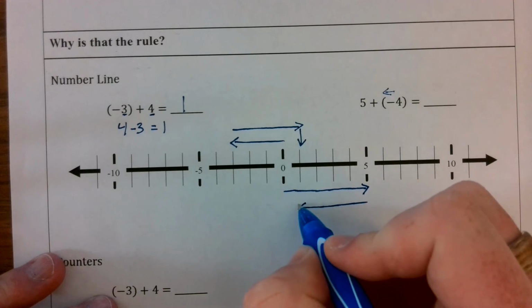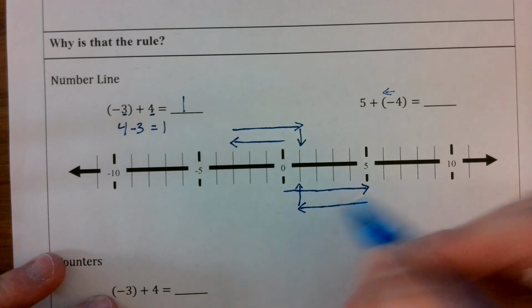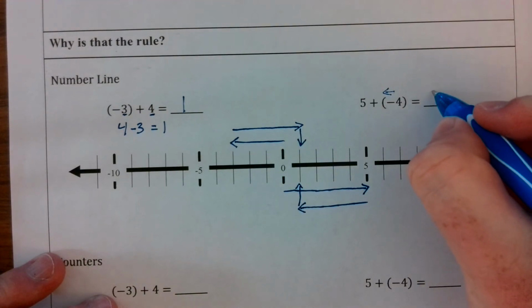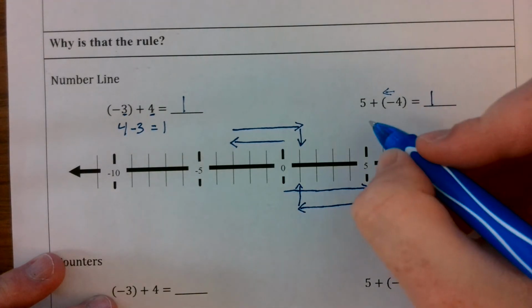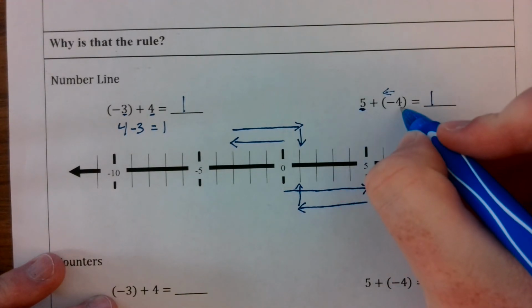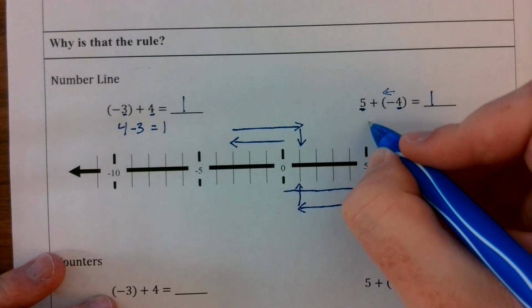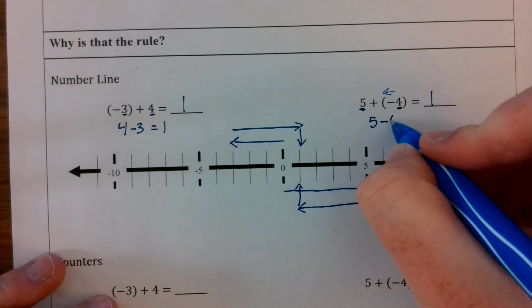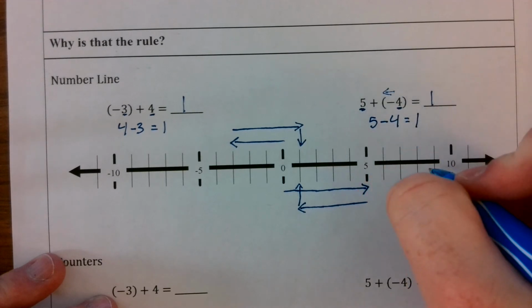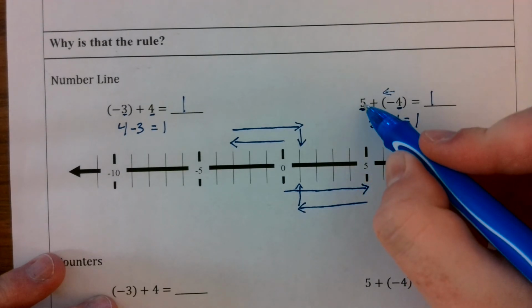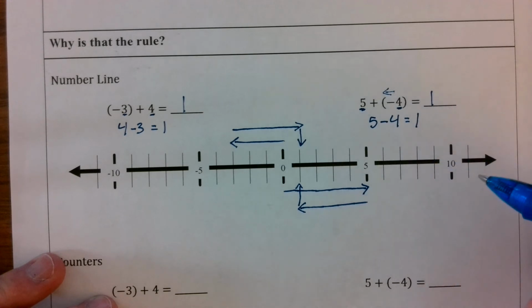And once again, we end up at positive 1. If we follow our steps, we have the absolute value of 5, the absolute value of 4. 5 is bigger, we would do 5 minus 4, and we get 1. 5 is bigger, 5 is positive in the original problem, which means 1 is also positive.